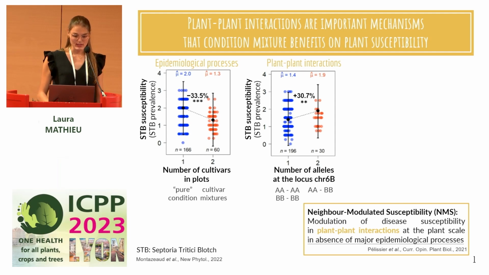In this study of Montazo et al., they showed that the cultivar mixtures of durum wheat are less susceptible to Septoria tritici blotch compared to the pure condition in blue.